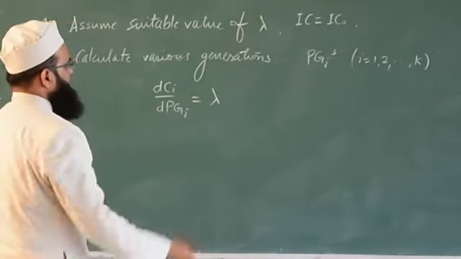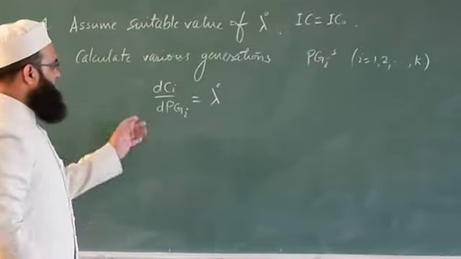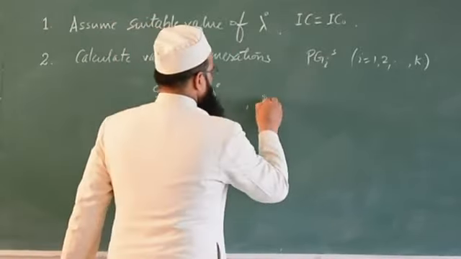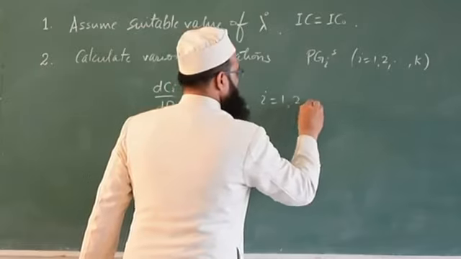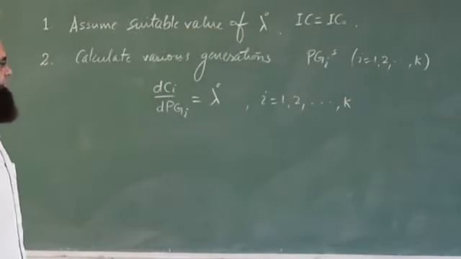This is the assumed lambda, say lambda 0. How many equations? Corresponding to I equal to 1, 2, up to k, there are k equations.